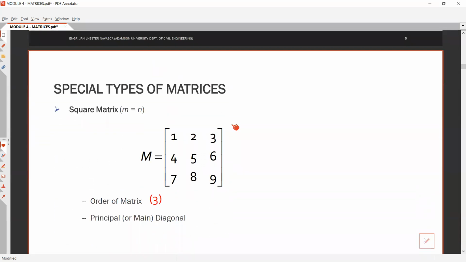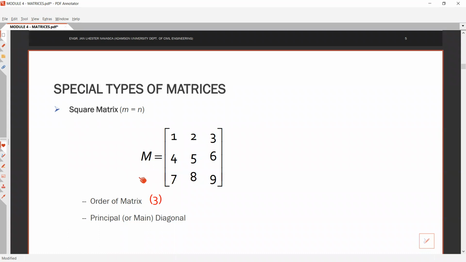Next one, we have the square matrix. For the square matrix, yung number of m rows and number of n columns are the same. So, we call this matrix a square matrix. For example, we have this one, a 3 by 3 matrix. So this matrix is a square matrix where m and n are equal, and m and n equal 3.